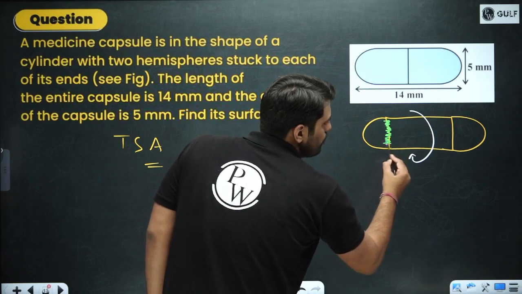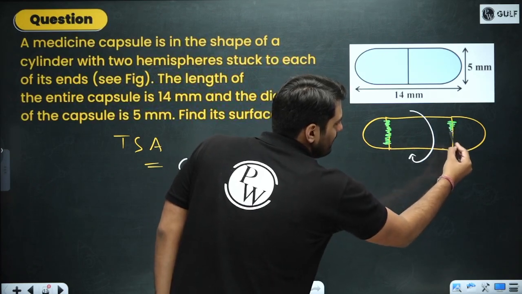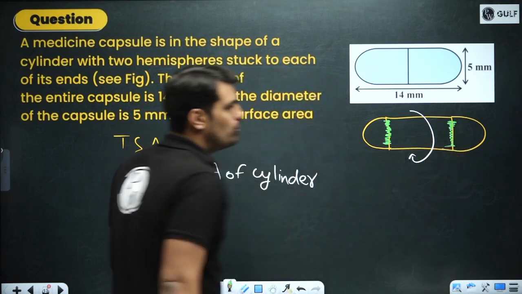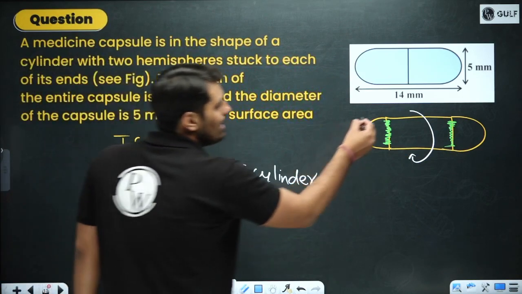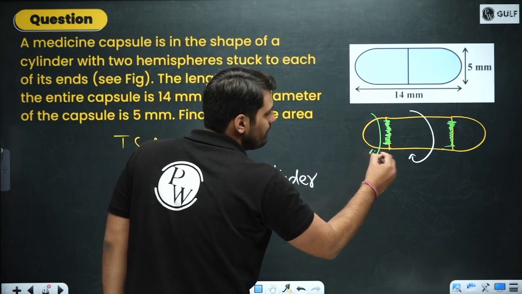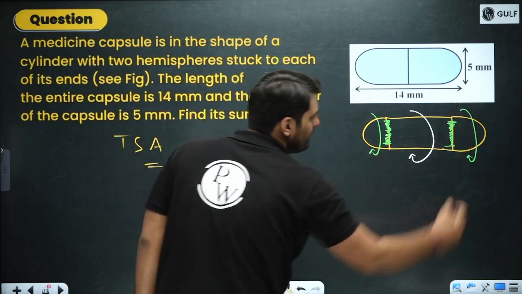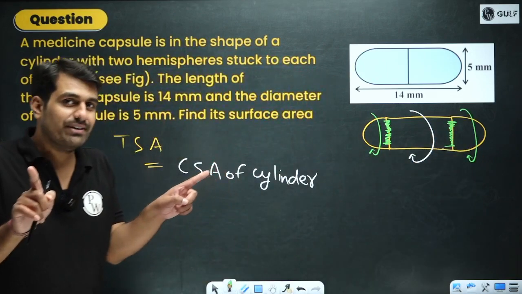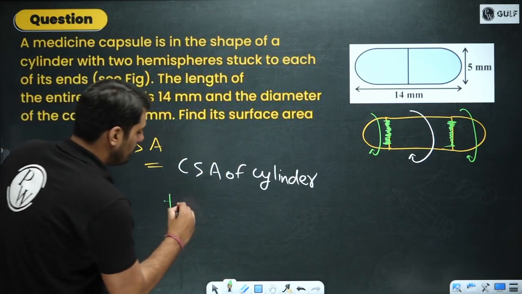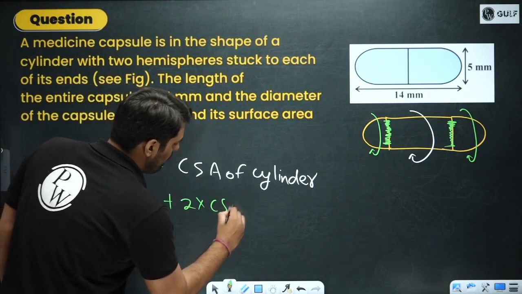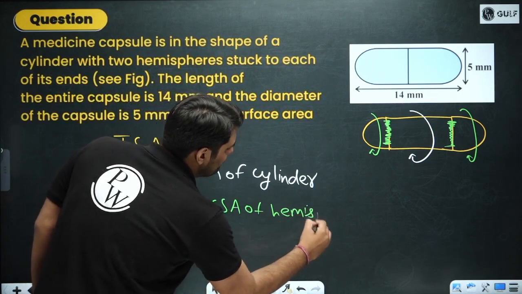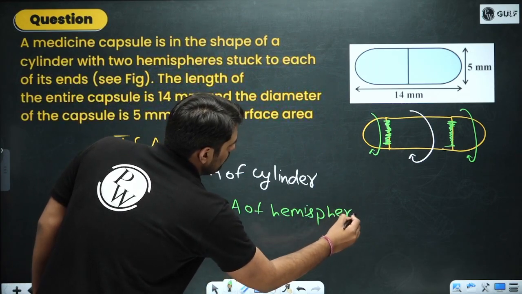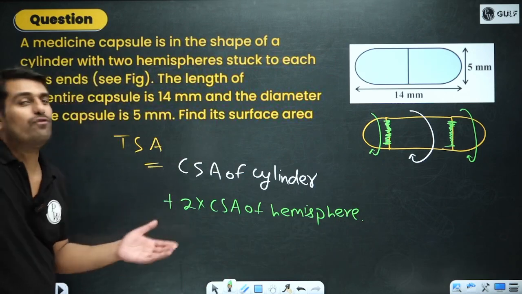They have been joined, so it will not appear on the outside. It is part of the inside structure, so we will not be considering that. What we'll be considering is the curved portion of the hemisphere over here. And since there are two hemispheres, plus 2 into the CSA of hemisphere. Ultimately, if you know the formula, it is the same as the sphere's total surface area, and that is the formula you have to apply.